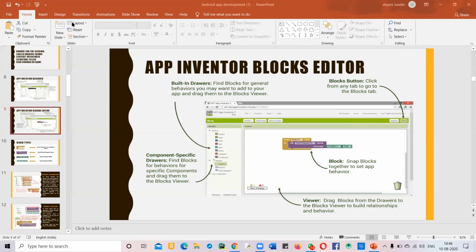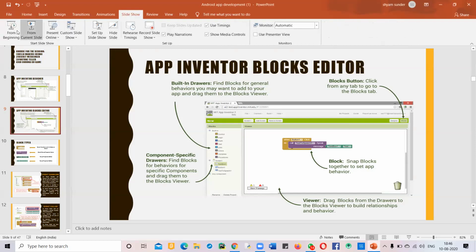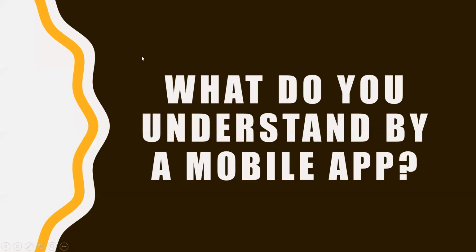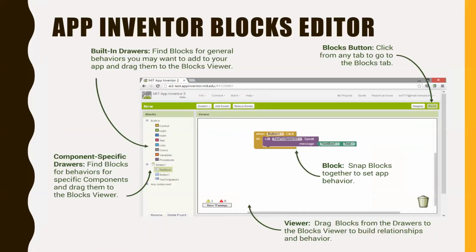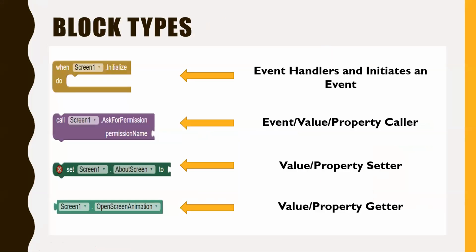Okay, so as you know about the blocks editor section of the MIT App Inventor, in this there are many types of blocks which we use in the coding. The blocks are like this, brown color blocks. These are called the event handlers.